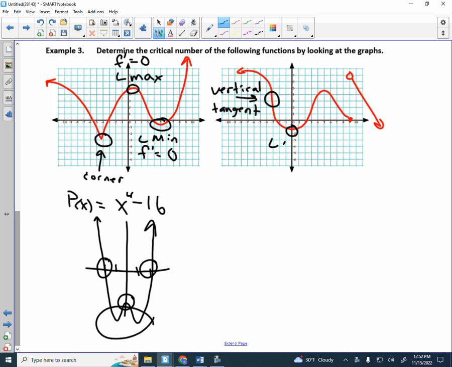Yep, that's a local min where f prime is equal to 0. Yep, that's where f prime, again, is equal to 0. That's a local max. Endpoint.